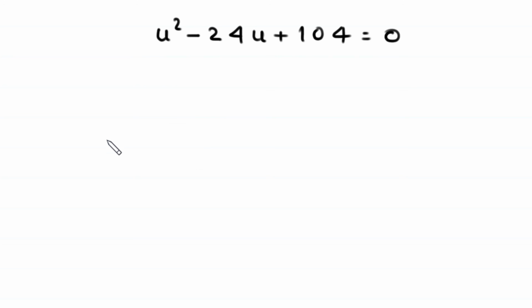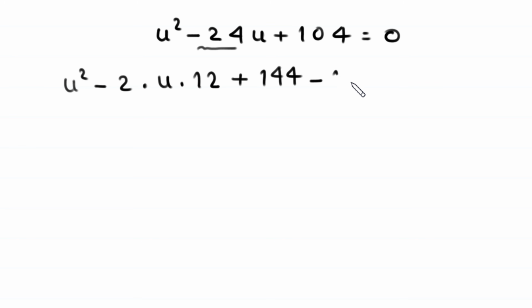Now this is a quadratic equation and we solve it by the completing the square method. We can write this u squared as u squared, and this negative 24u can be written as negative 2 times u times 12. It means to complete the square we add here 12 squared, that is 144.